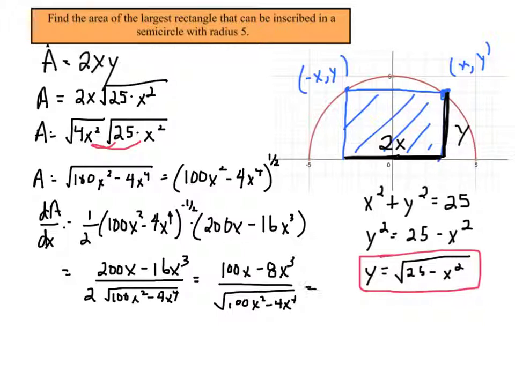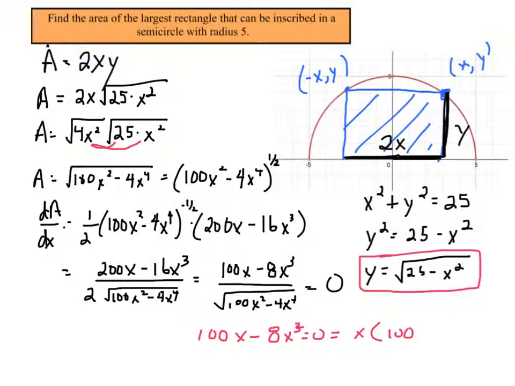Okay. And of course, we want to know when this is 0. Well, the thing about it is, I don't really care when the denominator is 0, because I don't need this thing to be undefined. I need it to be 0. So really, all I need to focus on is when this is equal to 0. Could factor an x out. Oh, I lost that.